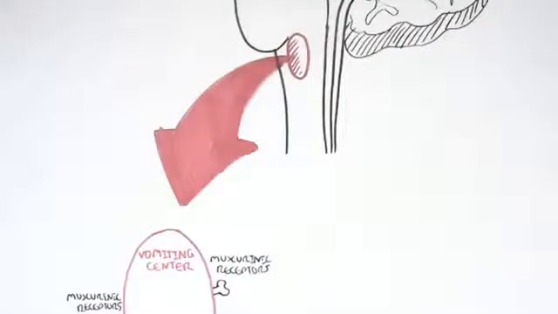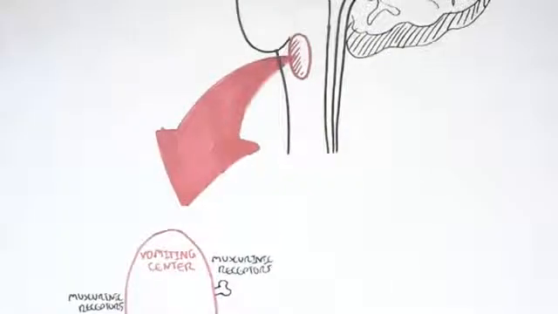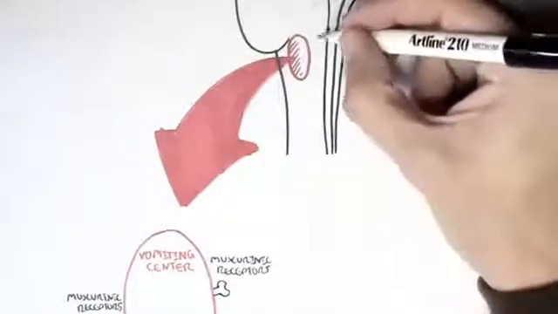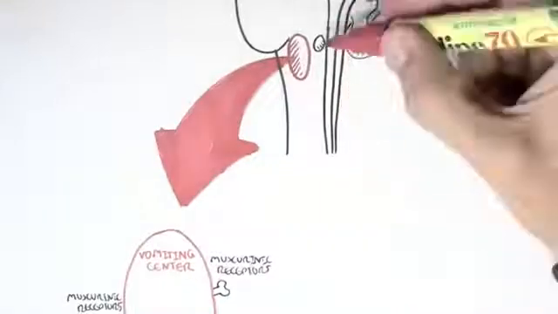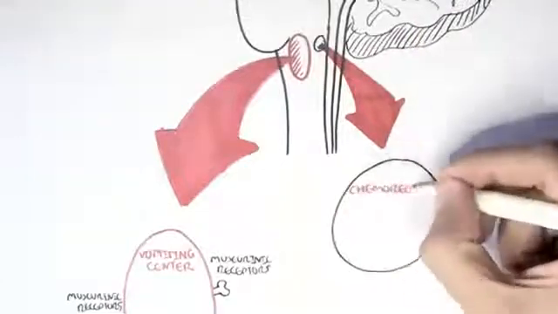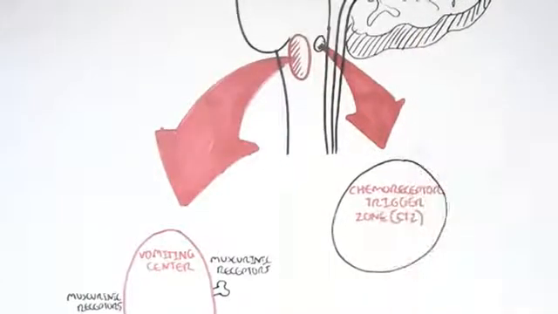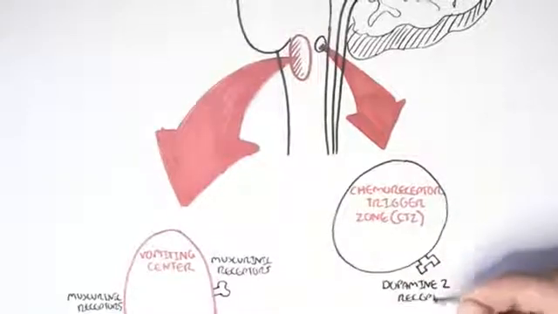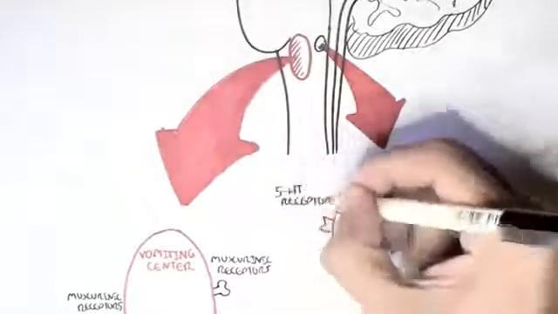One of the main ways is by the chemoreceptor trigger zone, which is located in the medulla here. The chemoreceptor trigger zone has two main types of receptors. It has the dopamine type 2 receptor and the 5-hydroxytryptamine type 3 receptor.